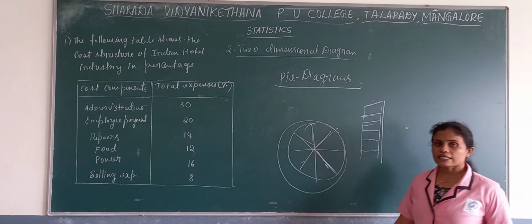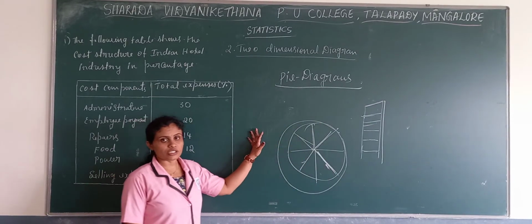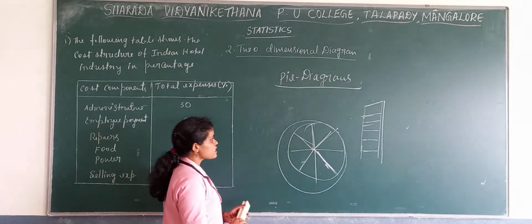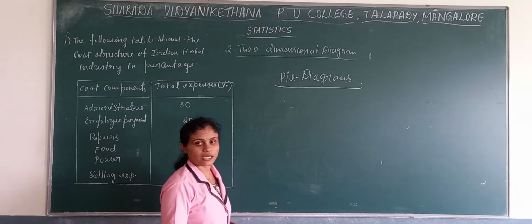In the case of a pie diagram, there is one formula to find the angle of an individual component. It is the same as what you did in the percentage bar diagram.